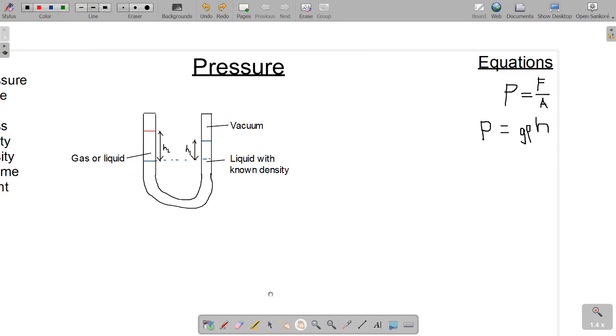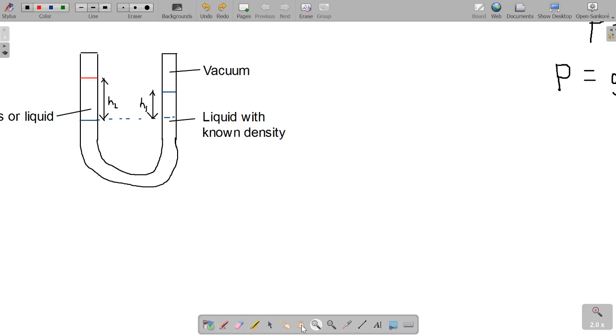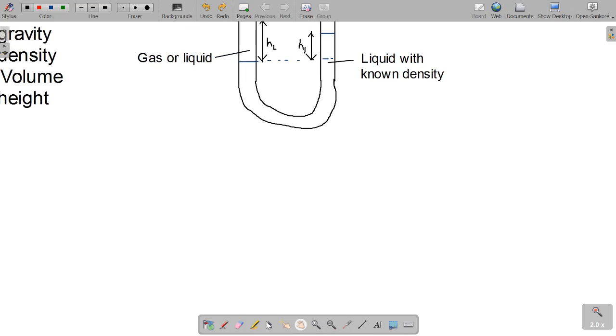Okay. So basically H1 rho 1 G equals H2 rho 2 G. So you know rho 1, H1, you know G, but you can actually cancel it.